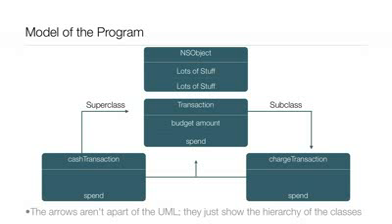So first you declare the method spend, and then you put that common functionality in the superclass, and then both of these transaction types, ChargeTransaction and CashTransaction, inherit that common functionality, and then they also specify their specific functionality that is different from each other in their own methods in the CashTransaction and ChargeTransaction classes. Now, the arrows aren't part of the UML, the Unified Modeling Language. They just show the hierarchy of the classes. So you can see Transaction is the superclass, and ChargeTransaction and CashTransaction are the subclasses.